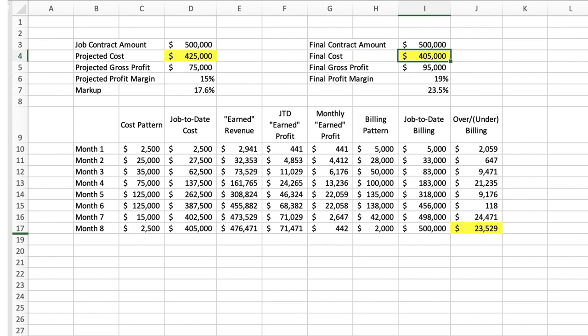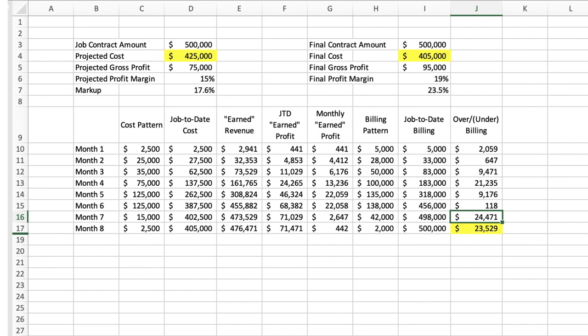What you'll see as you move along in the job is that at the end, or where those savings start to manifest themselves, this time it's actually in month 7 when our costs are lower than in the first example. We have an overbilling of $24,471.